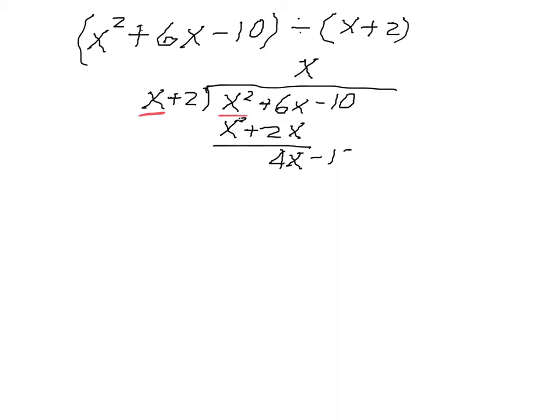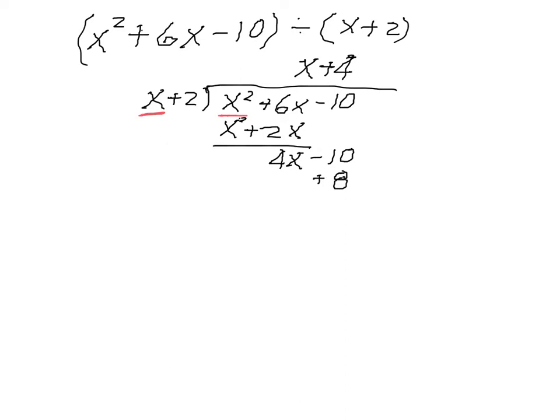And there we go. So now I ask myself, how many times does x go into 4x? Well, that's pretty obvious that the answer there is 4. Positive 4, so I put the positive 4 up here. Four times x plus 2, so 4 times 2 is 8. And again, that's positive 8.